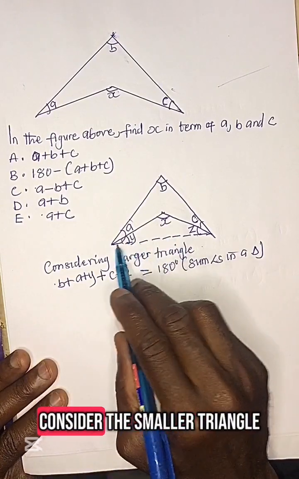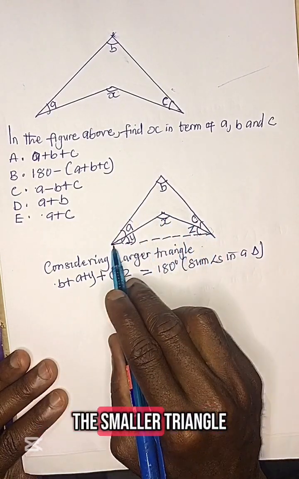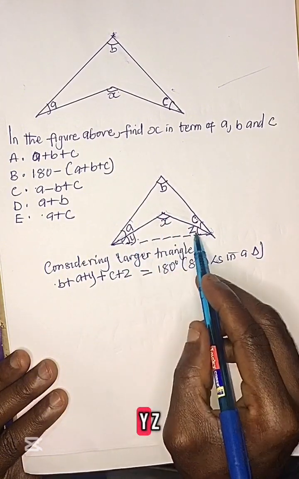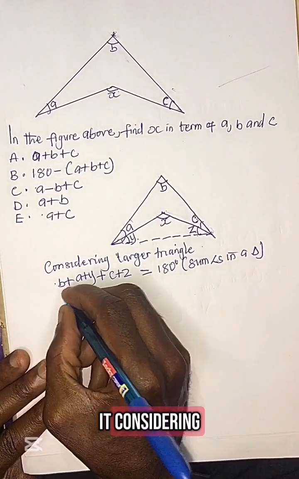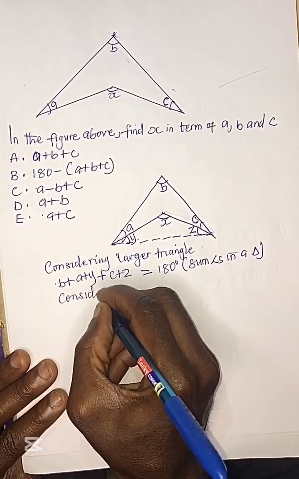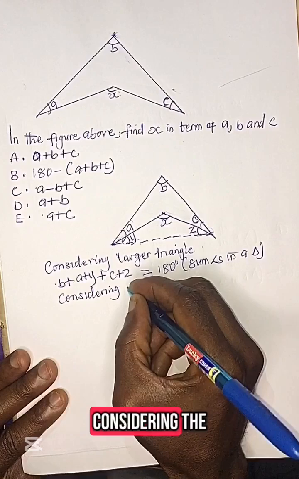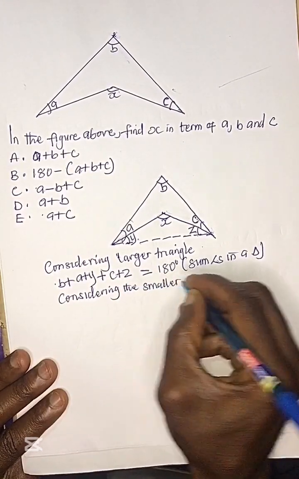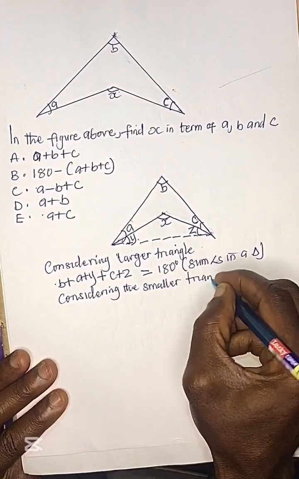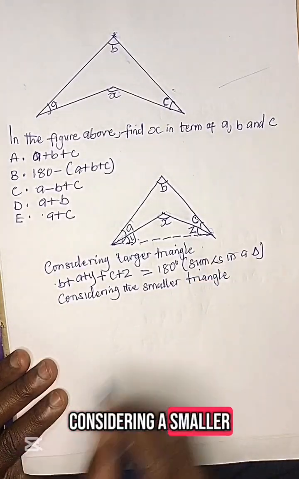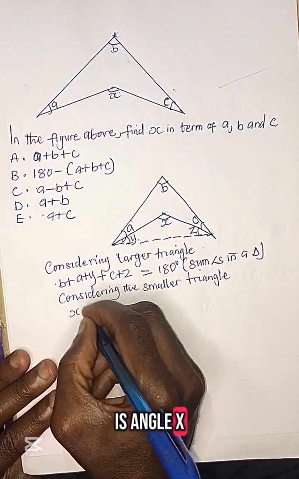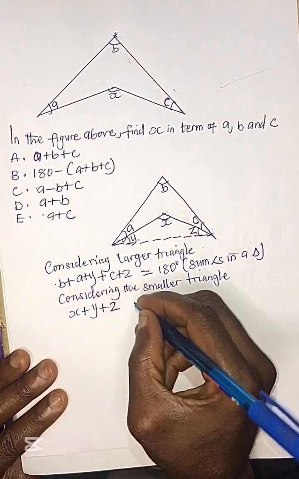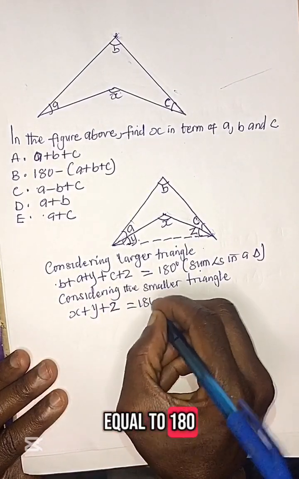So now let's consider the smaller triangle, which is this triangle. The angles inside will have X, Y, Z. Considering the smaller triangle, the angles inside are angle X plus Y plus Z equal to 180 degrees.